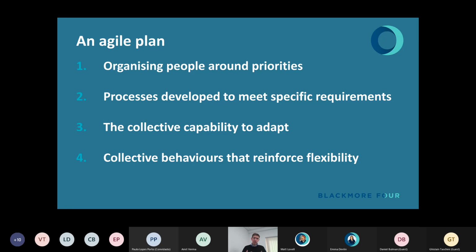That also feeds into how we develop processes and systems. We have come from a history of a linear approach to process, or a wholesale change of process, rather than developing processes and using technology that enable those processes in a way that meets requirements very specifically and can be changed to meet different requirements as we go forward.